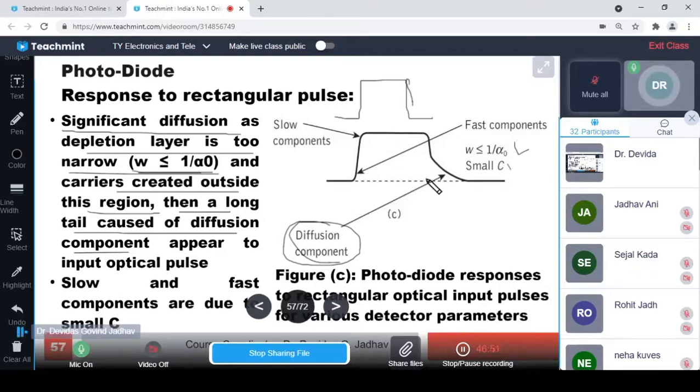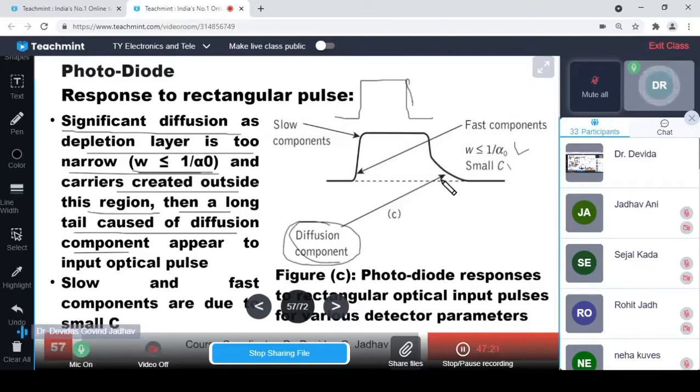Charges collected here will be late, and further some charges are even later. So this creates the diffusion component. This we call the diffusion tail. Tail means शेपटी in Marathi, isn't it? So the diffusion tail is generated.